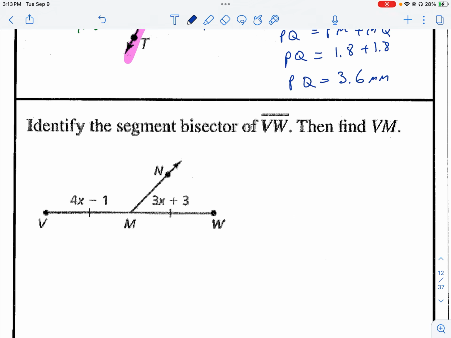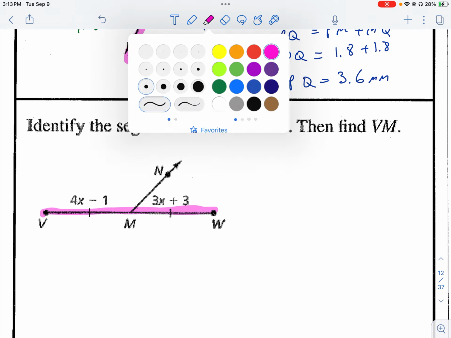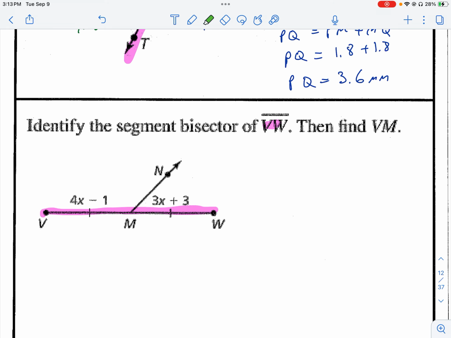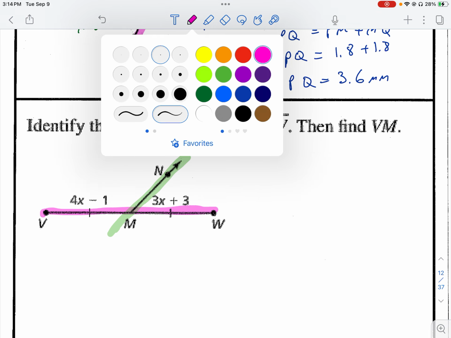So once again, we got to identify the segment bisector of VW. So VW, that's this right here. So the segment bisector, just like in the last one, is right here. How do we know that? Oh, let's get red.